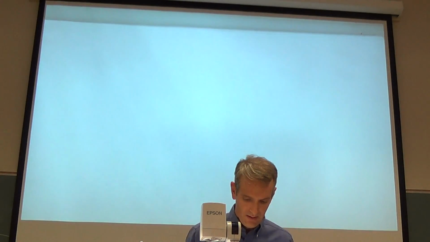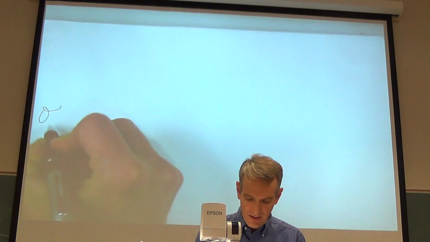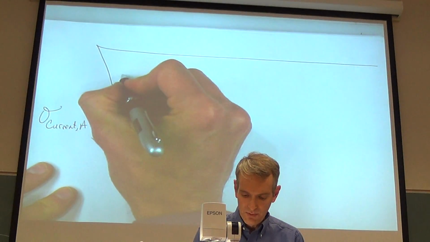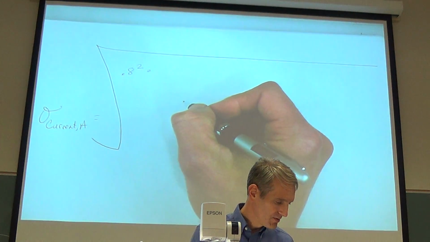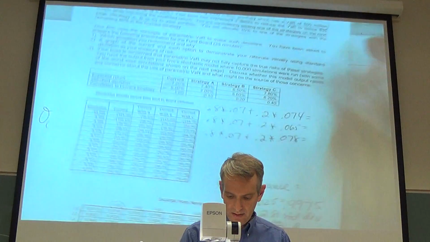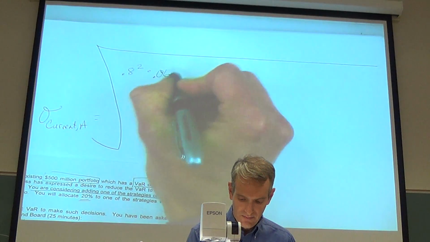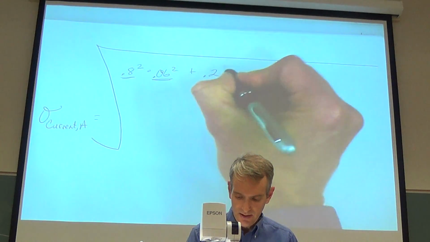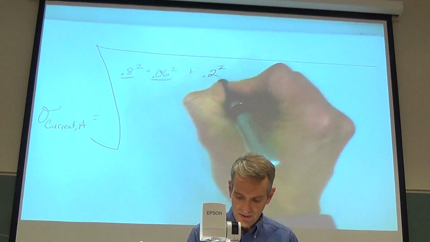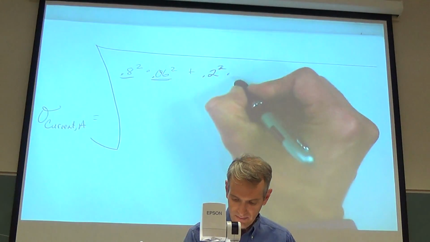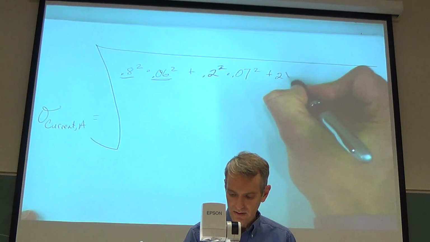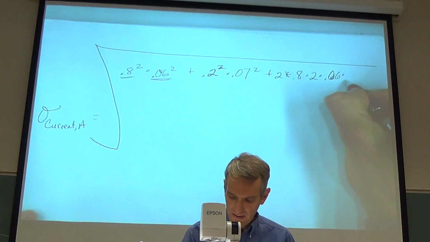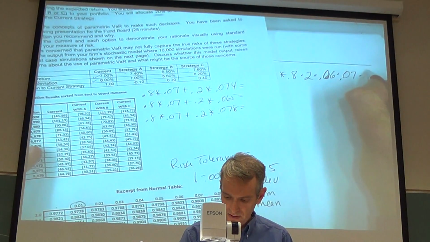So the risk of current and A is going to equal the square root of the weight of current, 0.8, squared, times the risk of current, 6%, squared, plus the weight of A, 20%, squared, times the risk of A, 7%, squared, plus 2 times the weight of current, times the weight of A, times the risk of current, times the risk of A, times the correlation of current and A, which is negative 0.1.